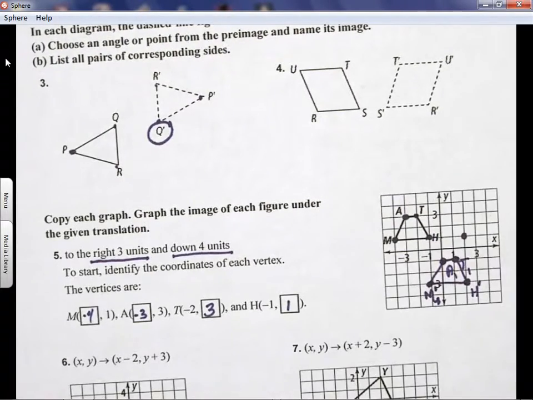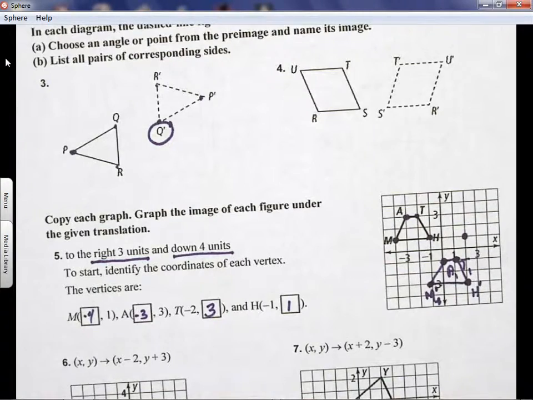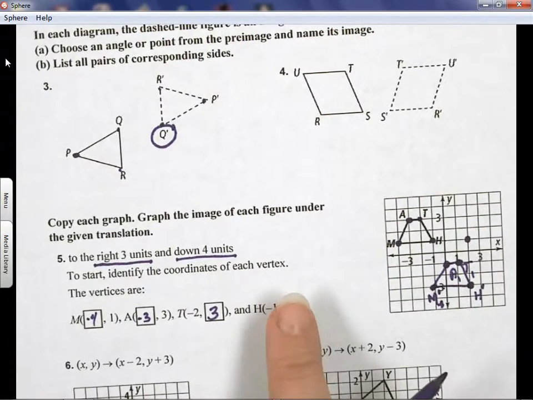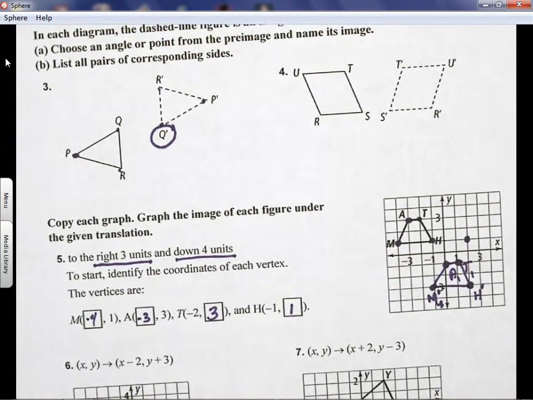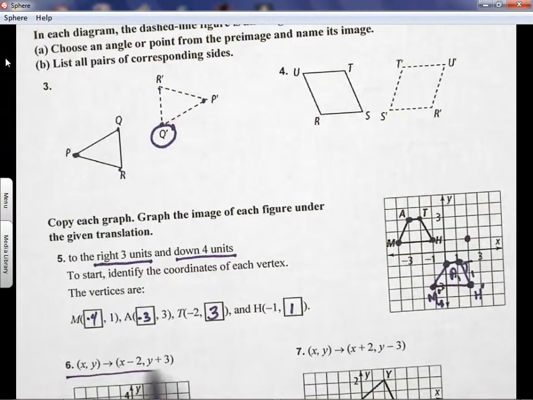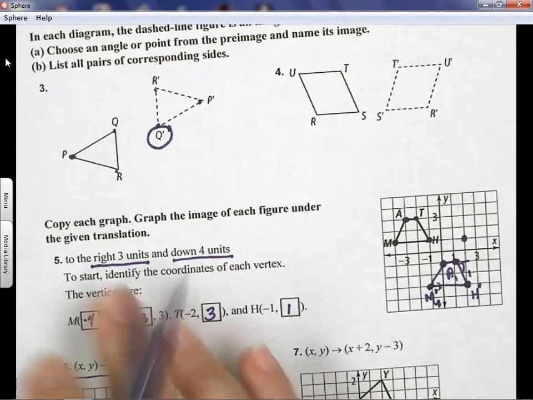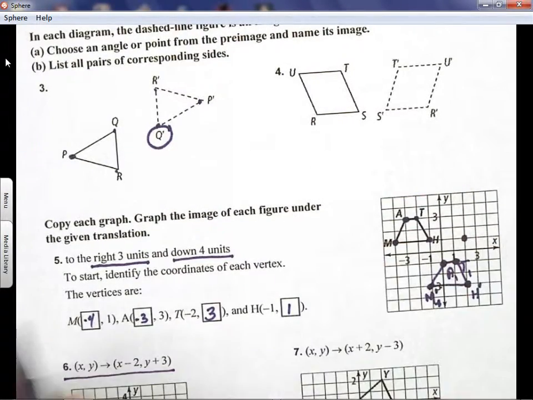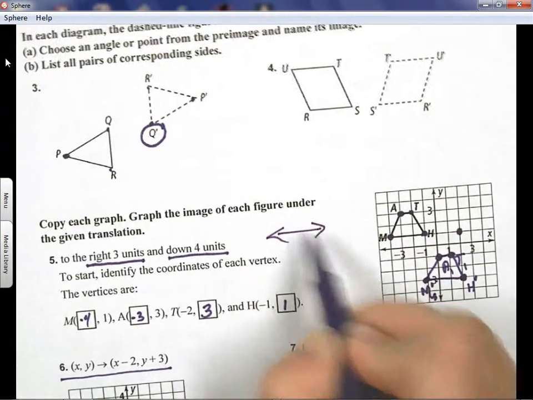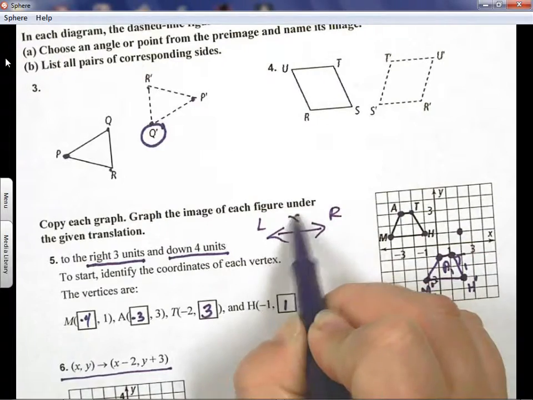But what we then could do is I could rewrite this into rules, which is what they're giving you down here. Well, if I say right 3, am I going a positive x or a negative x? Because left and right, this is my x value.